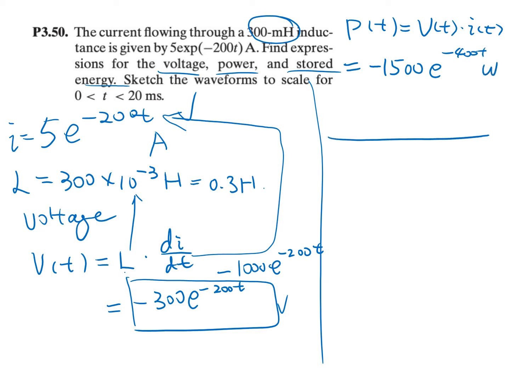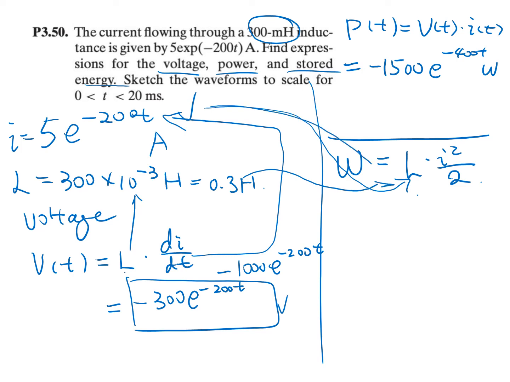And finally, we need to find the stored energy. That's W is equal to L times I squared over 2. L is the value here, and I is the value here. So we substitute in: 0.3 Henry times 5e to the negative 20t squared over 2.